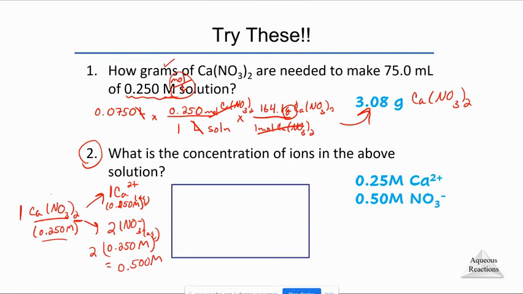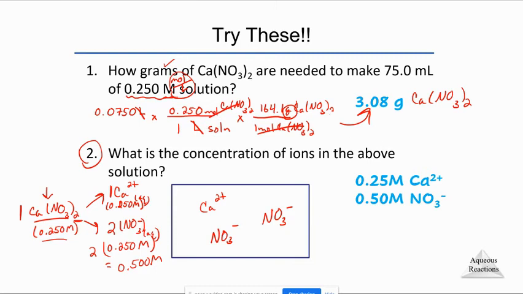So in other words, every time one of these units dissociates, it dissociates into 1 unit of calcium ion. So the concentration of calcium ion is going to be the same as the original calcium nitrate, but double the concentration of nitrate ions. Something else that's interesting is they could ask you, what is the total concentration of ions?